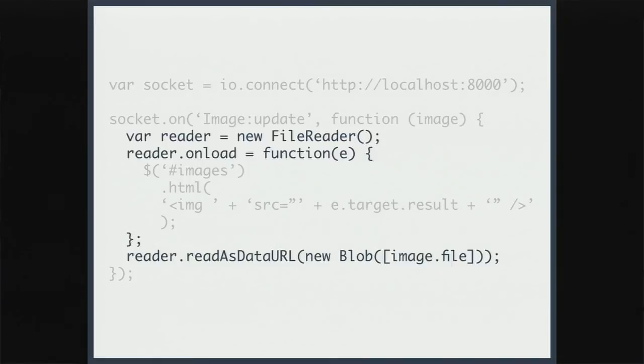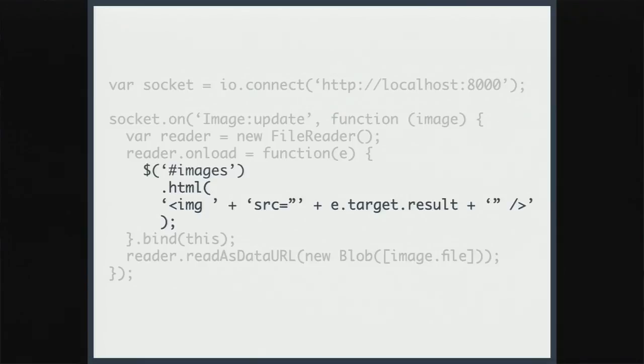So we do that. We set up an onload listener or callback, and then we can just append it to the DOM. This is a very simple example where it basically just substitutes the image, but that's what it does. e.target.result is a base64 string, a string representing our image.